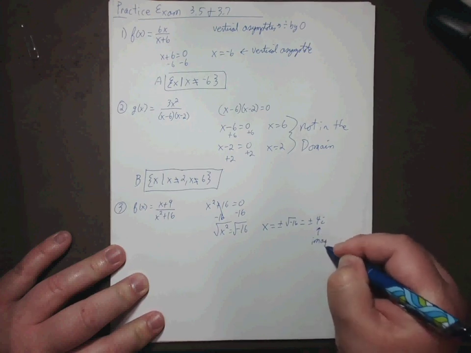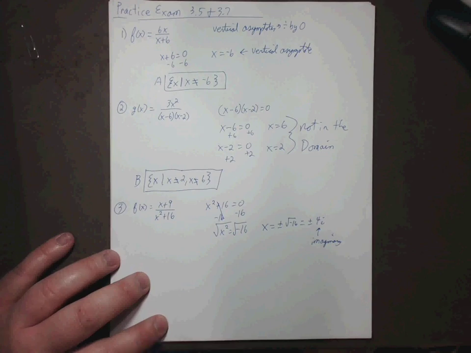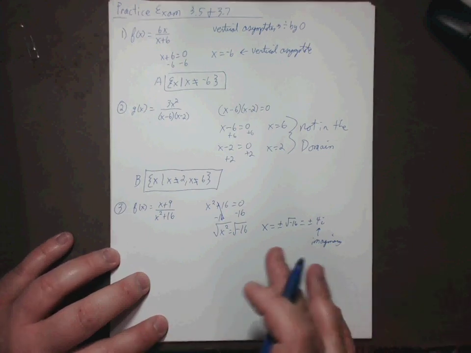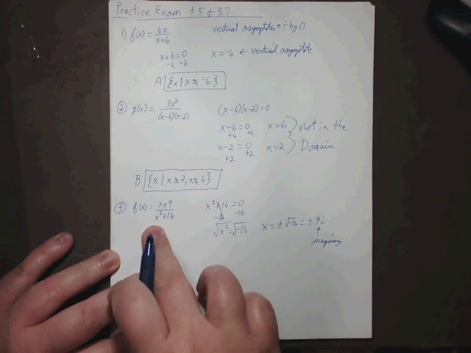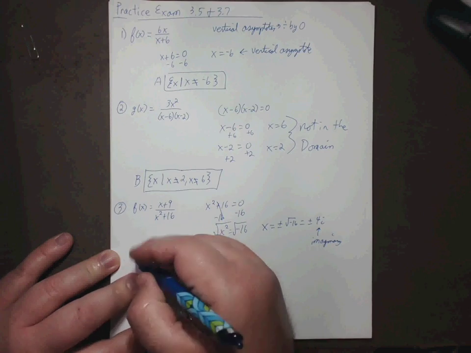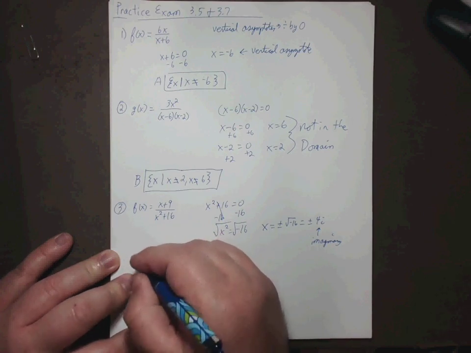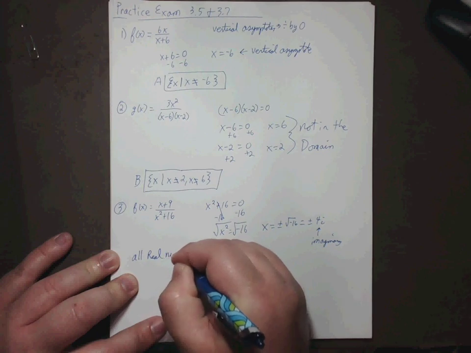That's imaginary. And we don't worry about the imaginary numbers in the domain. That means there is no real number that I plug into x that will give me division by 0. So my domain is all real numbers.